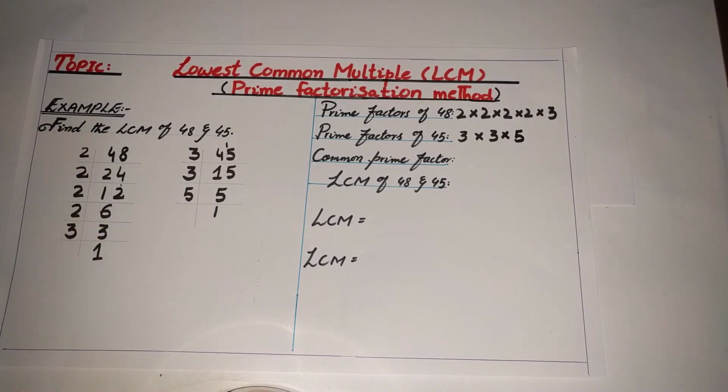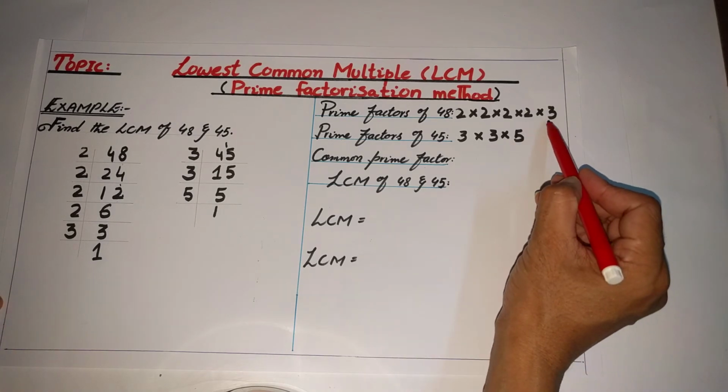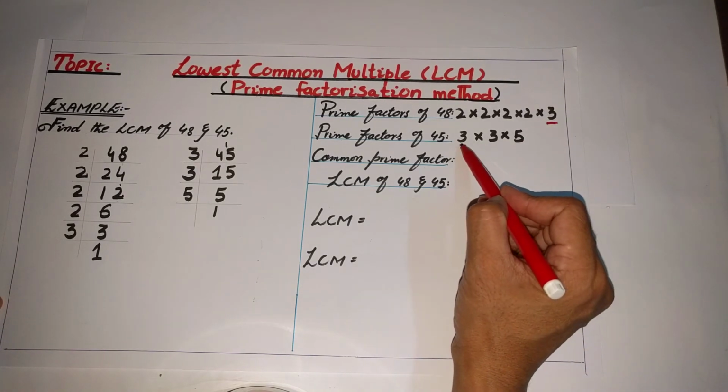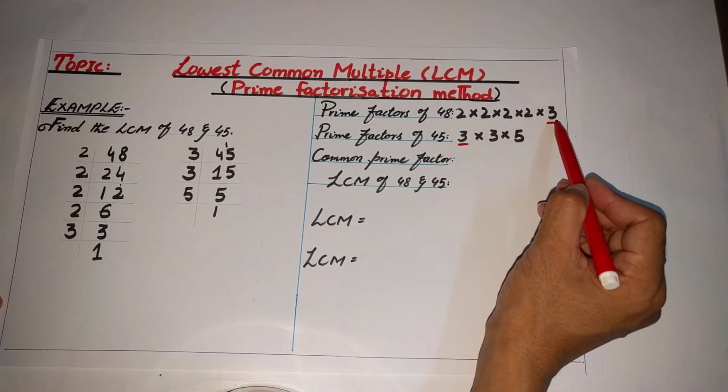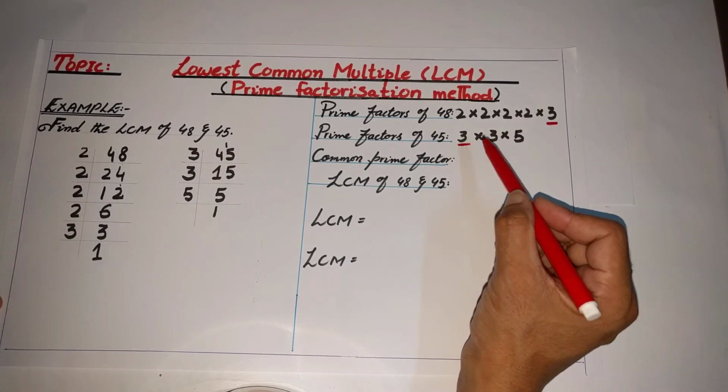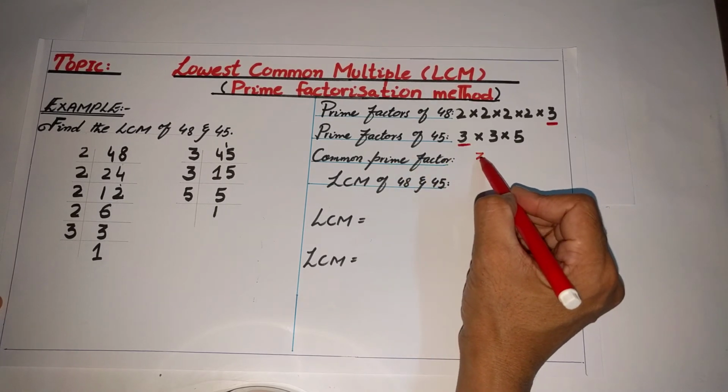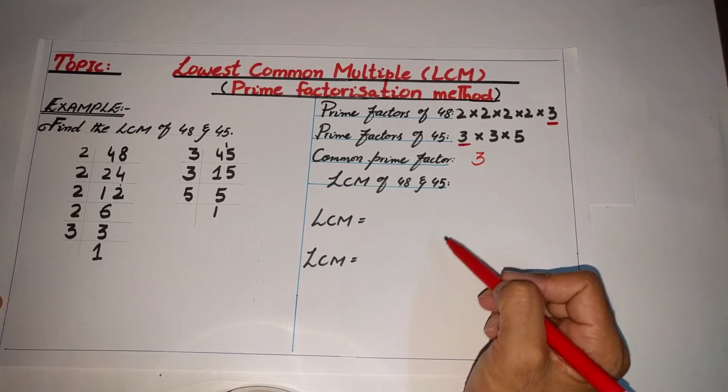Now the second step is to find the common prime factor, and as I told you, common prime factor means the factor which is common in all. Now only this 3 is common in both numbers. In both factors of 48 and 45, only 3 is the common factor. So common prime factor is only 3.